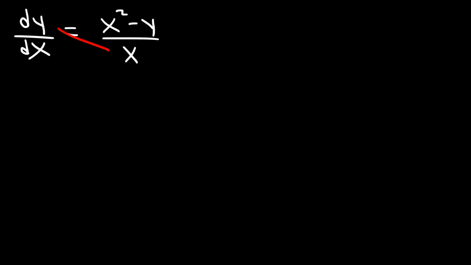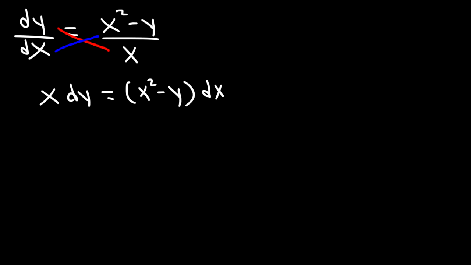So first we have x times dy, and that's equal to x squared minus y dx. Now we need to get dy over dx, so let's divide both sides by dx.